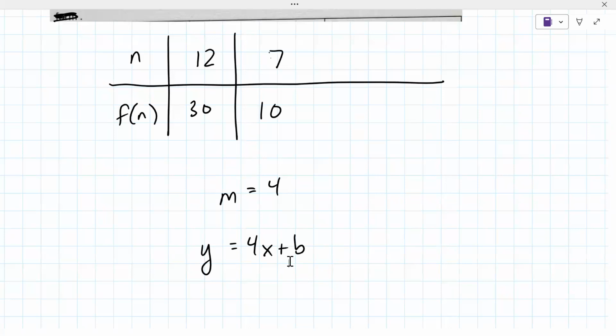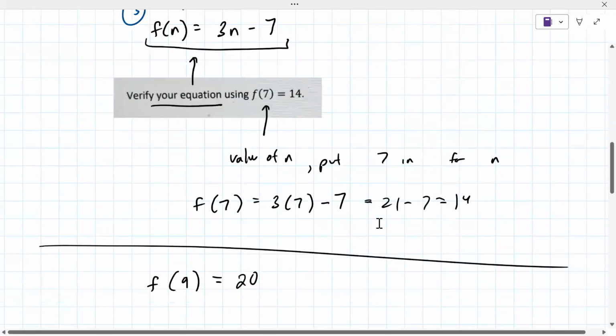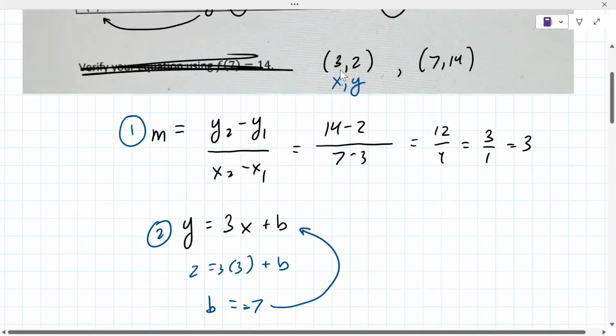So where would 7 and 10 go in this equation? Let's go back to the previous problem, because it's always about going back to something we've already done. Here is your ordered pair, 3, 2. Where did it go in this equation? You even pointed out correctly that I substituted in for the wrong number. 2 went in for y because it was the y value, and the 3, x, went right behind.